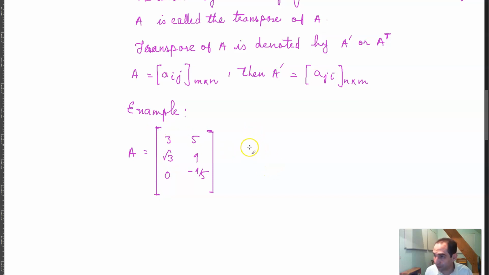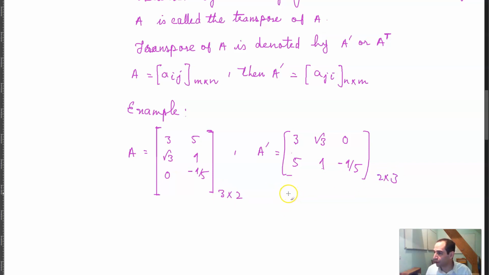Then A prime would be basically the same matrix, but the first column becomes the first row, the second column becomes the second row. So we would write this as 3, square root of 3, 0, and 5, 1, negative 1/5. And that would be A prime. Here you have a 3 by 2 matrix, and here you have a 2 by 3 matrix. So that's basically the whole story.